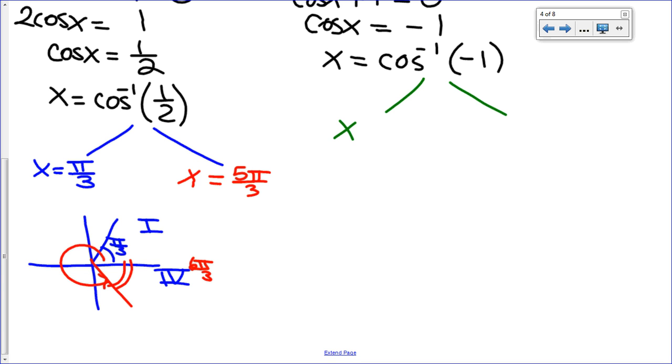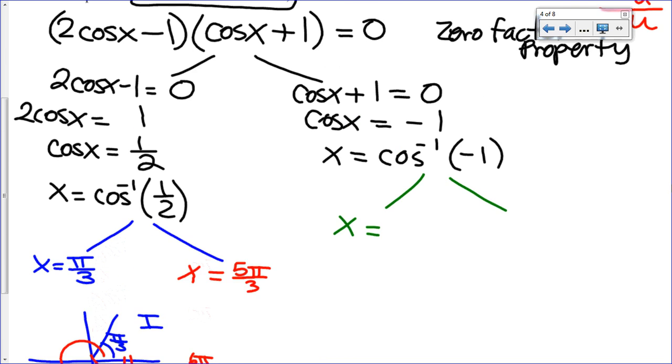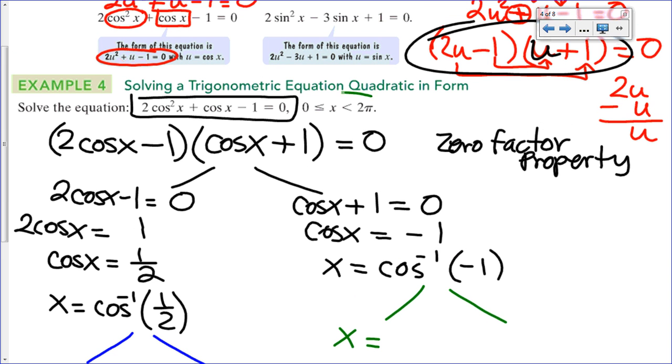What do you guys think? Where is the cosine equal to negative 1? Can I remind you, cosine, you can use the x coordinate. So think about an angle. Well, we want our angles to be between 0 and 2 pi. So we want them to be positive and less than 2 pi.